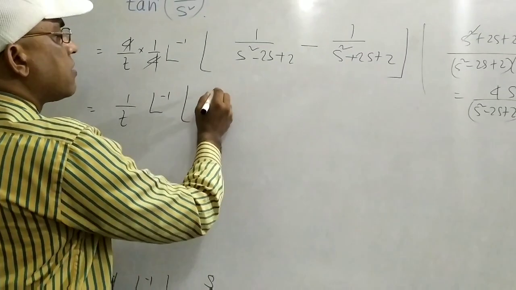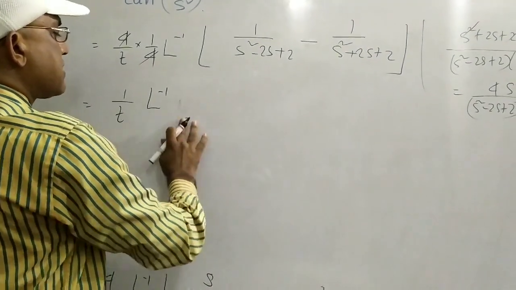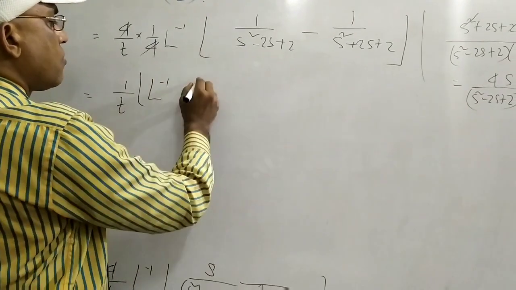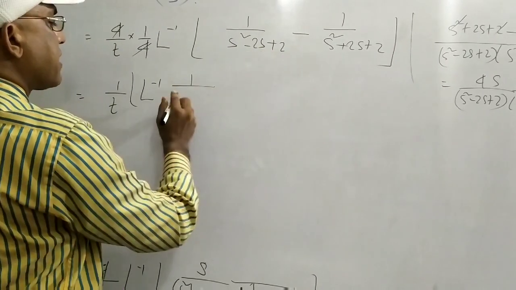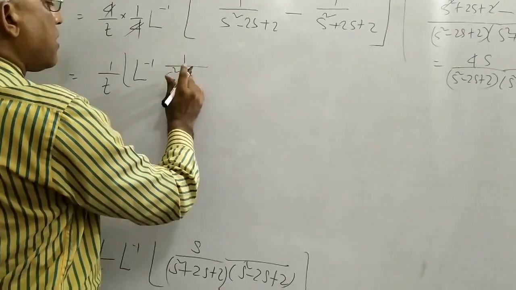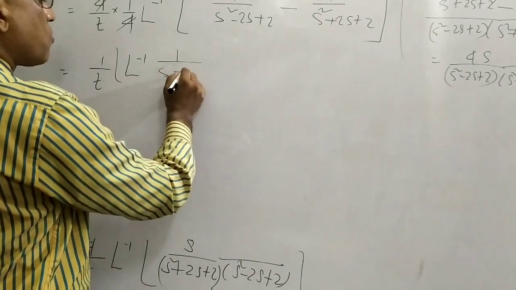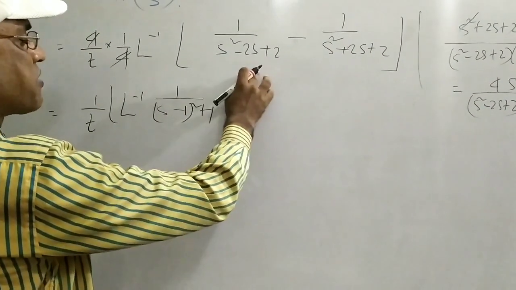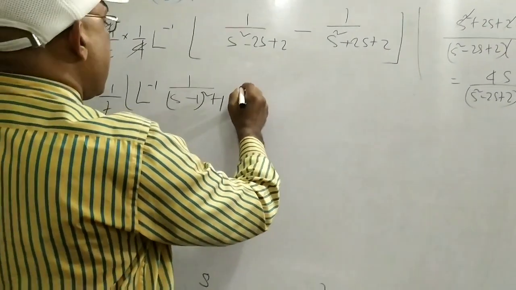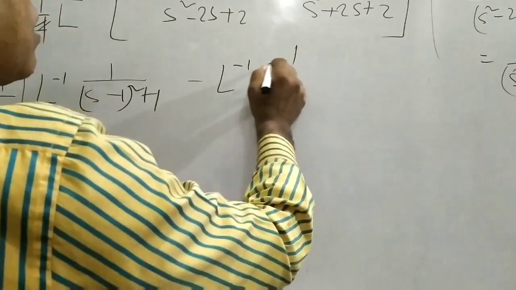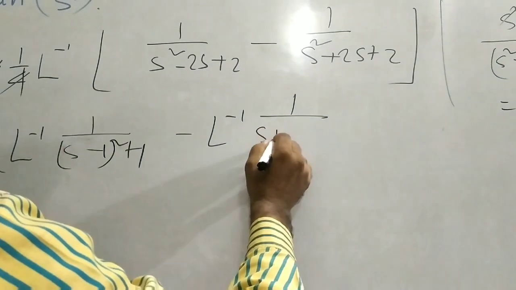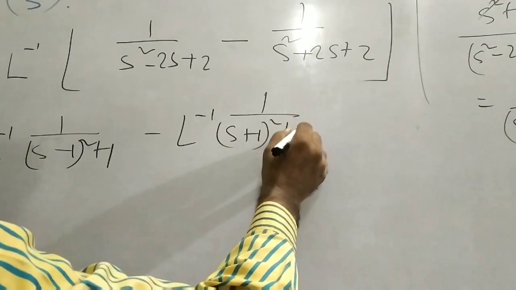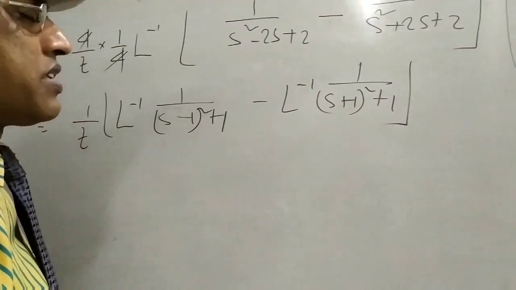We separate this: L inverse of 1 by s minus 1 whole square plus 1. In short, if we express in perfect square, we get this. And this is L inverse of 1 by s plus 1 whole square plus 1. So we get this one.